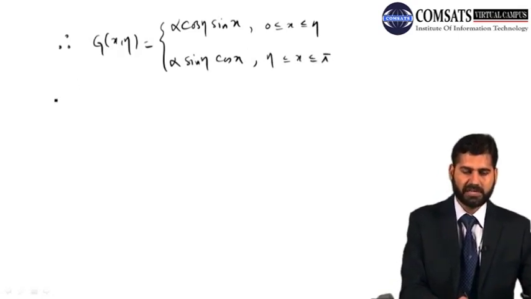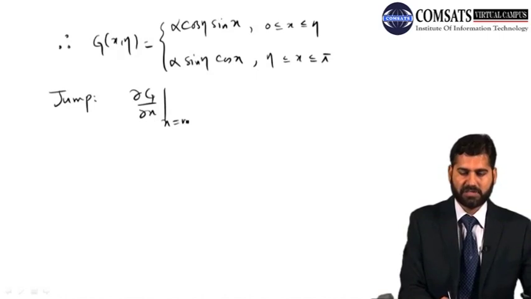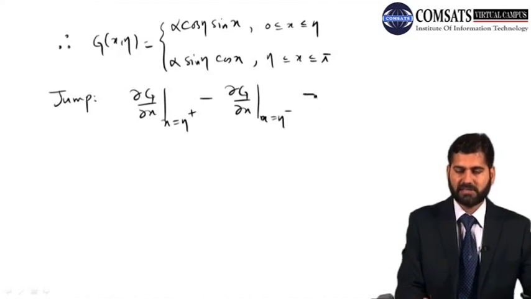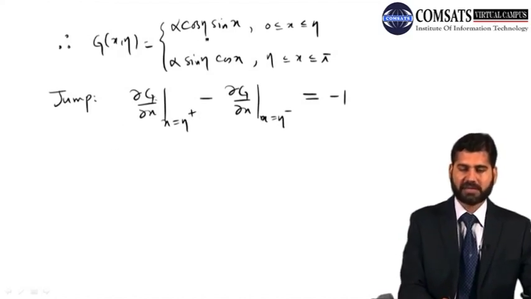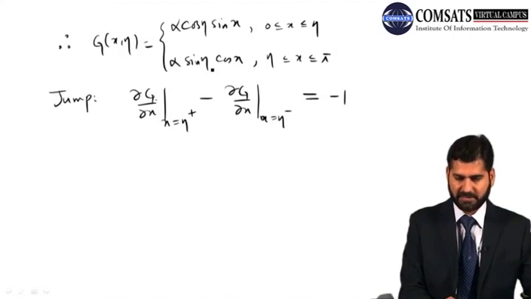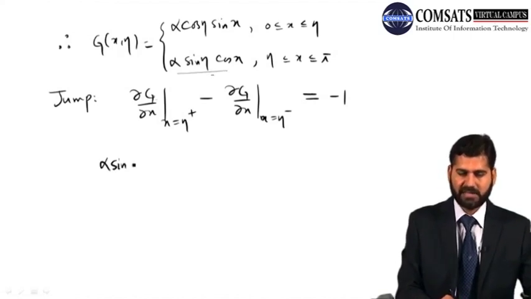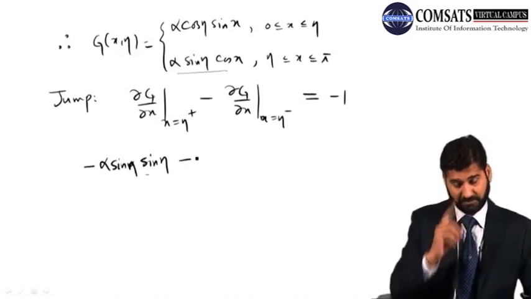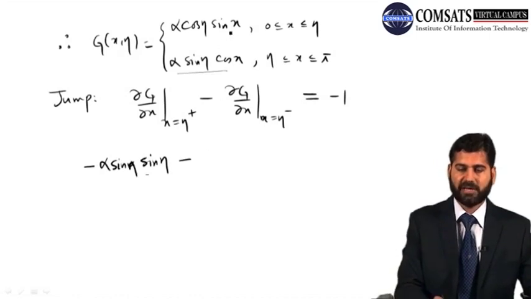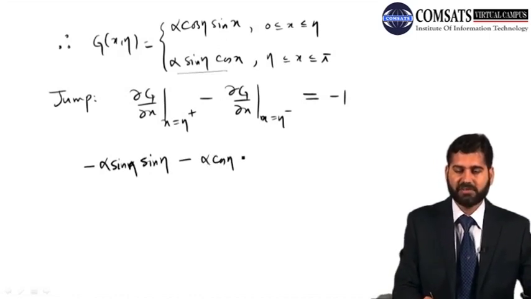Now using the jump condition: the jump of partial g by partial x at x equal to eta plus, minus partial g by partial x at x equal to eta minus, is equal to minus 1. So the derivative of g with respect to x at eta plus is alpha sine eta times the derivative of cosine x, which is minus sine x, so it will be minus sine eta, minus the partial g by partial x at eta minus, which is alpha cosine eta times cosine eta.